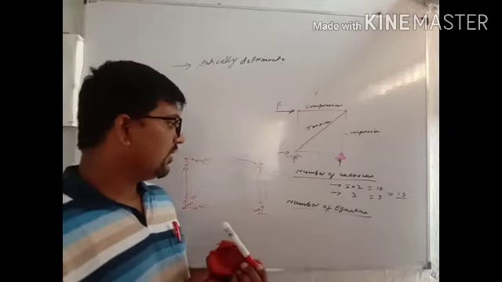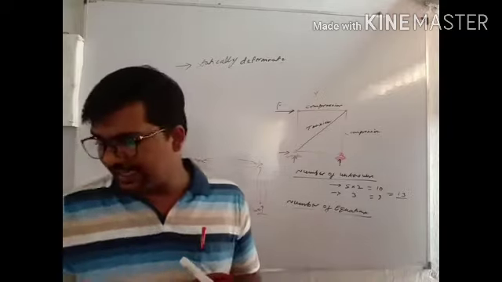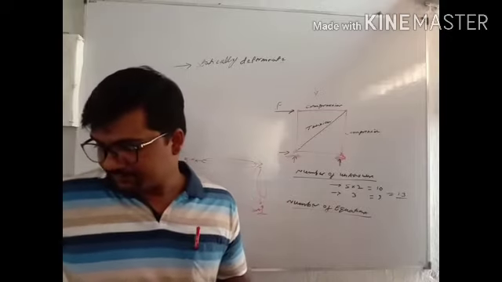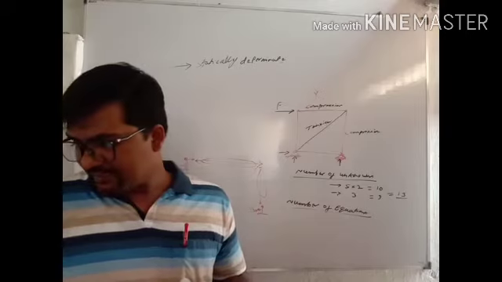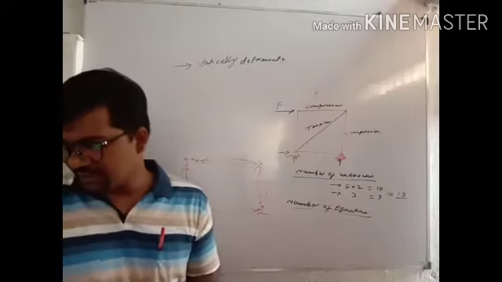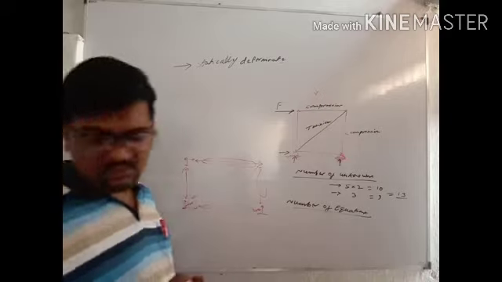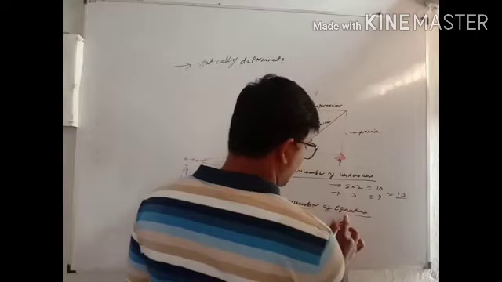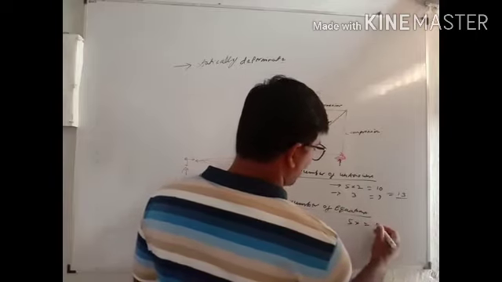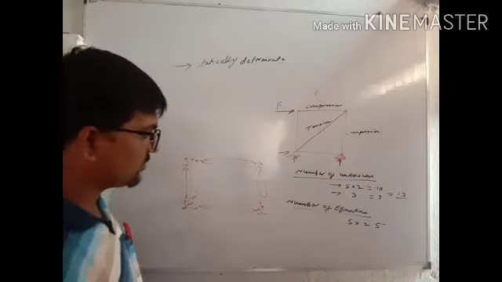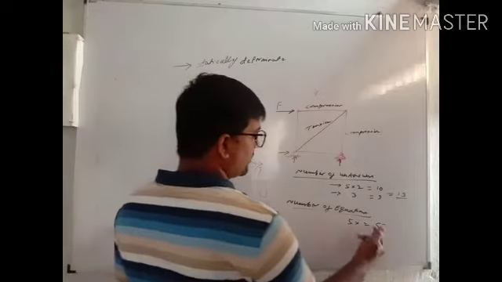Next, number of equations. There are 2 equations per joint, or 1 equation per member. So maybe you can say 1 equation per member. So 5 into 1 equals 5 only. If you go for 2 equations per member, 5 into 2 equals 10.